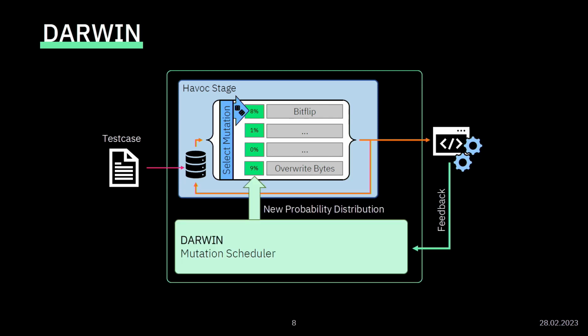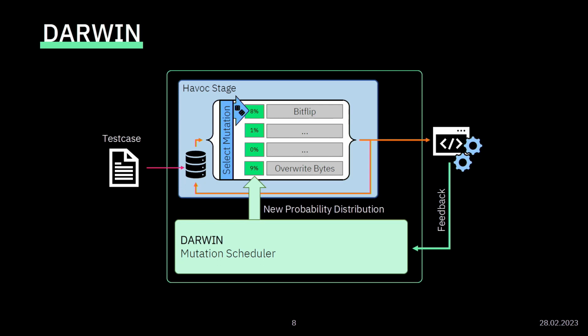But now at runtime with DARWIN, we fine-tune these probability vectors for the individual mutation operators, not only statically, but we readapt over time. For this, we leverage coverage feedback, which we get from the target program anyway, and then optimize and give this new probability distribution.